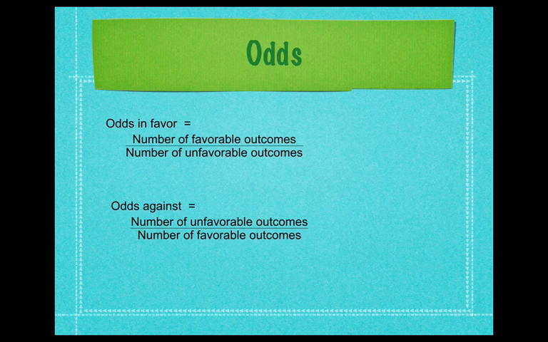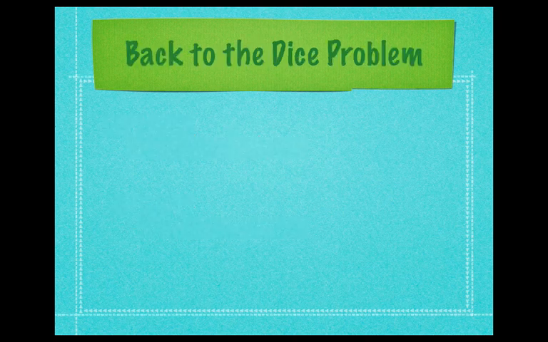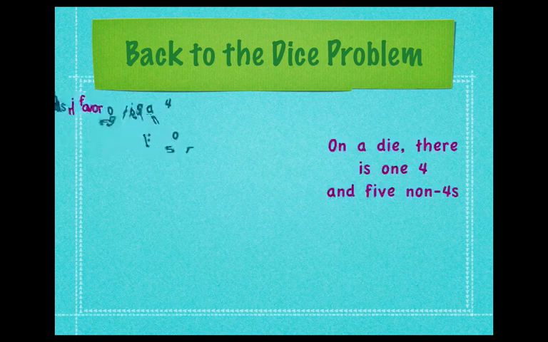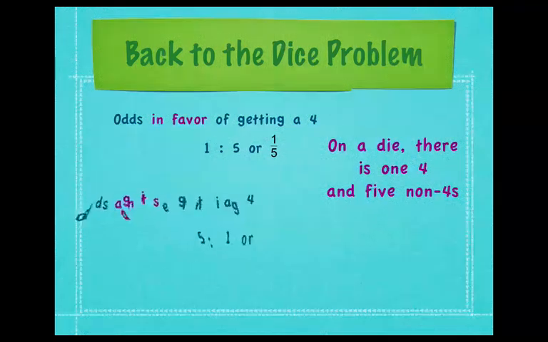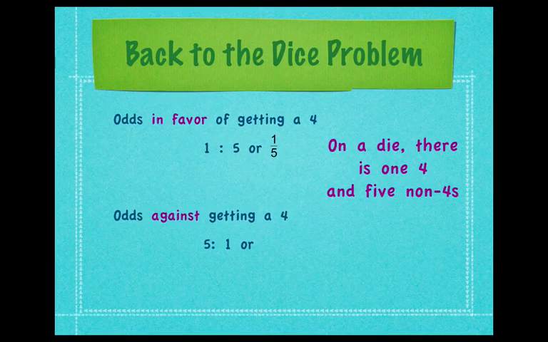We take the number of unfavorable outcomes divided by the number of favorable outcomes. So going back to the dice problem and rolling a 4, the odds in favor of rolling a 4 is 1 to 5 or 1/5. But the odds against rolling a 4 are 5 to 1 or 5/1.